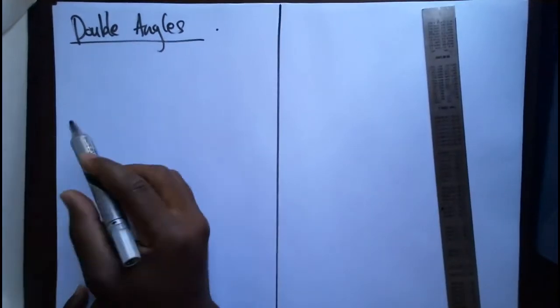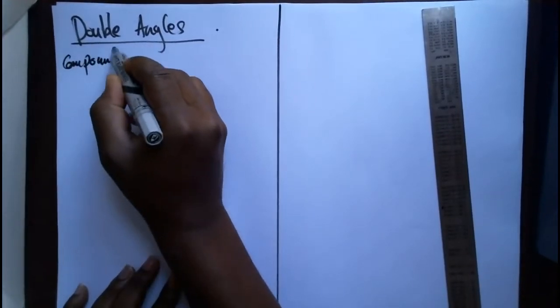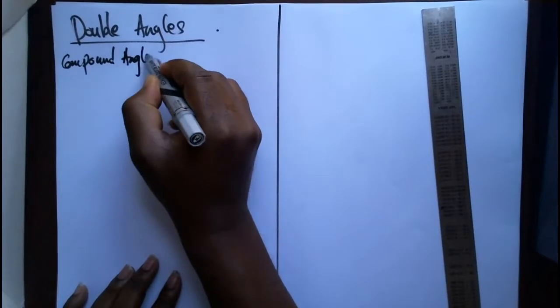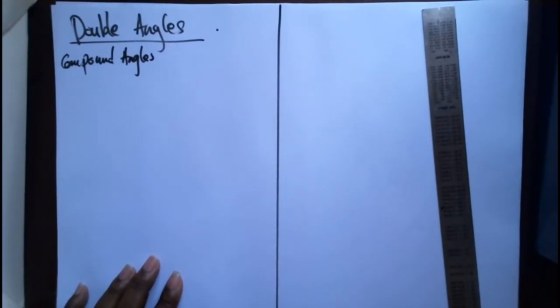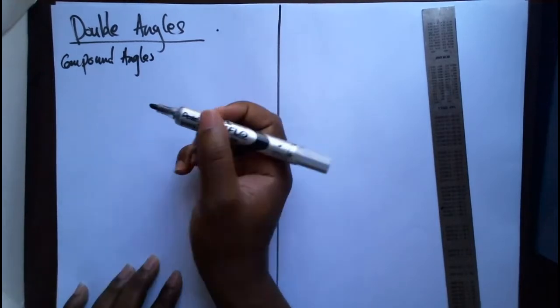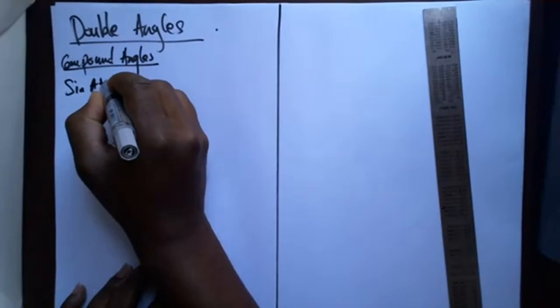The compound angles that we know, we're going to start with sine. When you start with sine, it becomes sine(A plus B).